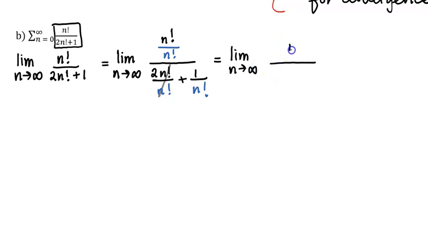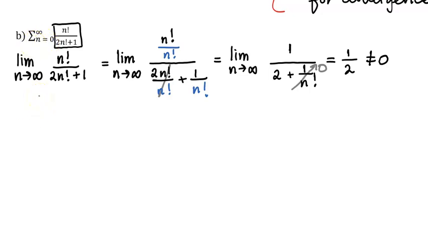So I am left with 1 over 2 plus 1 over n factorial. As n goes to infinity, this 1 over n factorial will be going to 0, and we will be left with 1/2. 1/2 does not equal 0. So this sequence goes to 1/2 as you look at those terms, which then means if you start adding up those terms, you will not be converging.